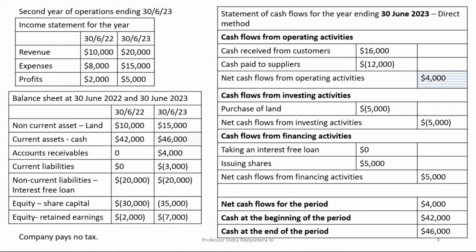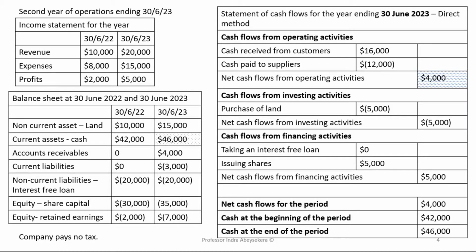We look at the statement of cash flows for 30th of June 2023 under the direct method. Cash flows from operating activities, from customers, it is 20,000 we're supposed to receive as cash, but because there's accounts receivable, what we received was 20,000 less 4,000, which is 16,000.